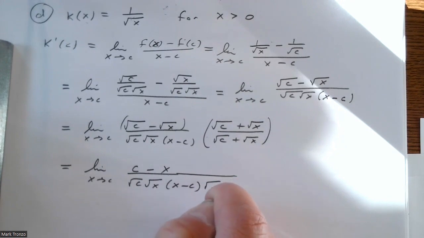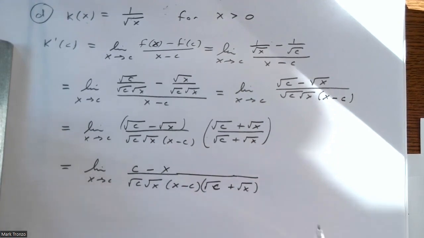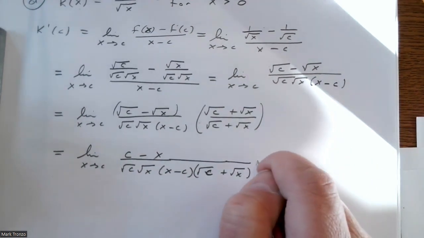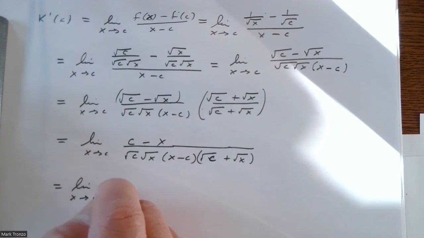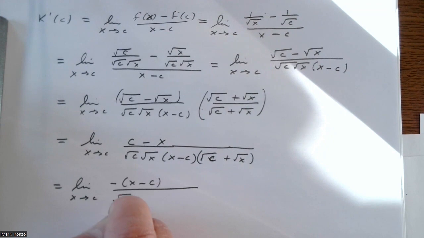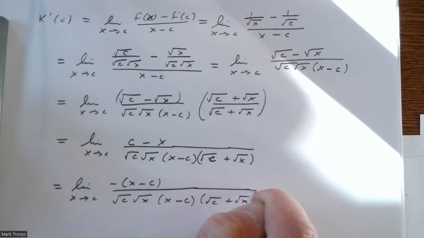Once again, you could skip a lot of these steps if you like. I just want to show everything. We could factor out a negative up here, and so we'll make this a negative, x minus c over square root of c, square root of x, x minus c, square root of c, square root of x.